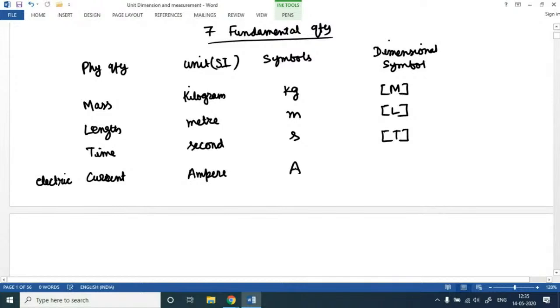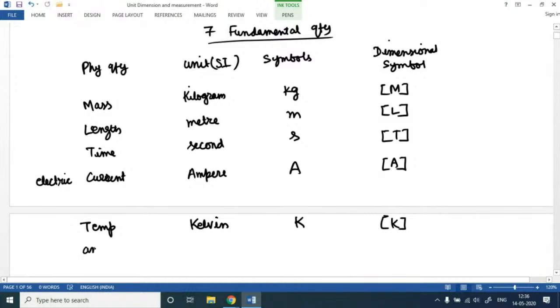Its symbol is A, and its dimensional symbol we will use as capital A only. Then we have thermodynamic temperature. Its SI unit is Kelvin, and the symbol is K, and its dimensional symbol will be K.